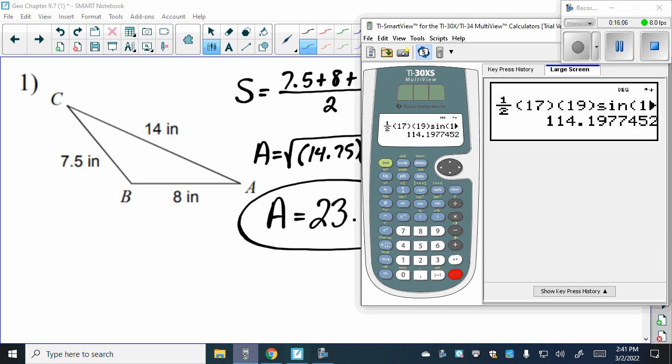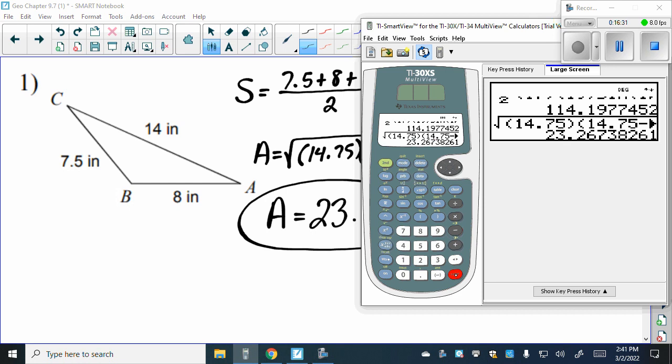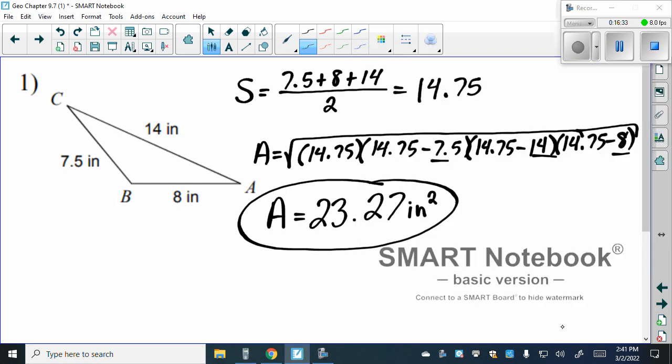Because in the calculator, we can say second square root, 14.75, 14.75 minus 8, 14.75 minus 7.5, and 14.75 minus 14, and we get the 23.27.